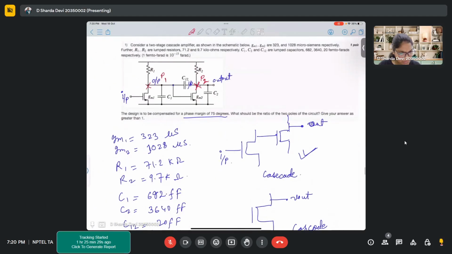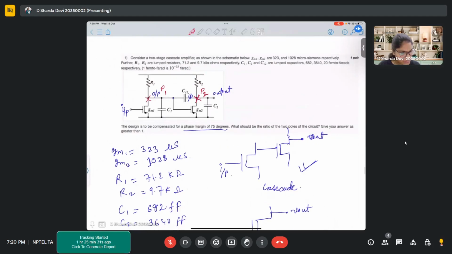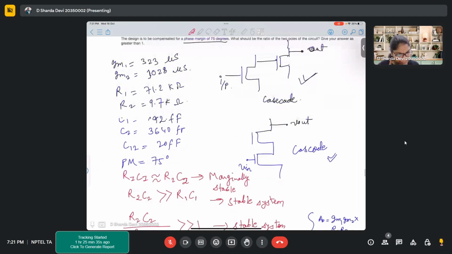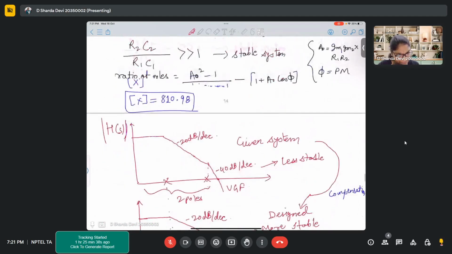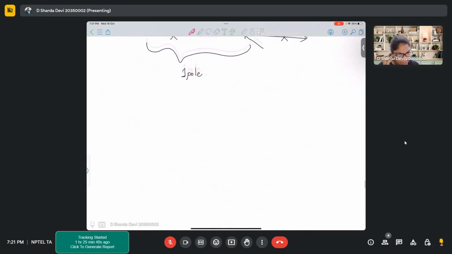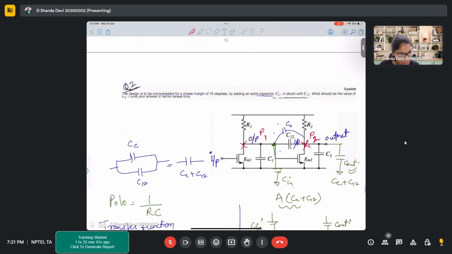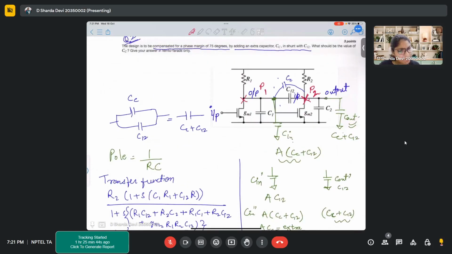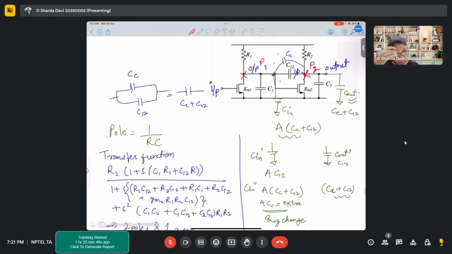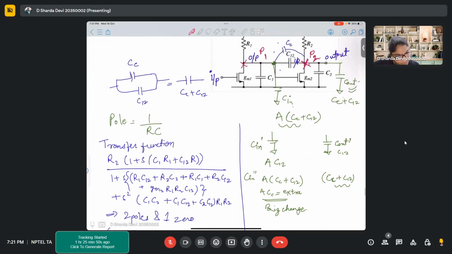This one, I'm talking about this one only. Now go to the second part of this cascaded question, the compensation one. This is the one in which you have calculated this transfer function, correct?